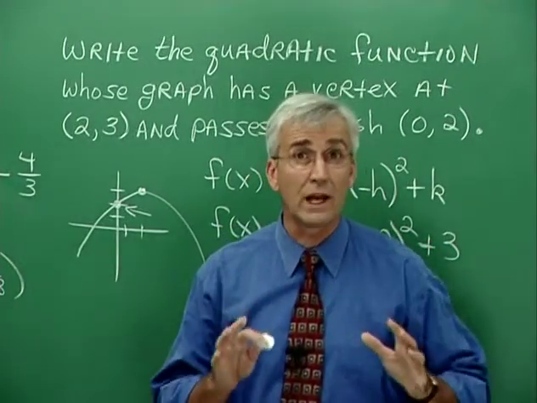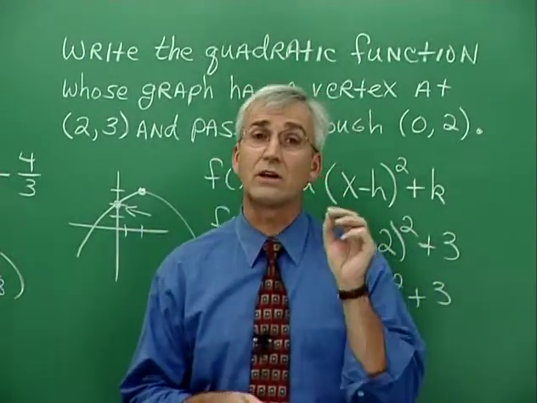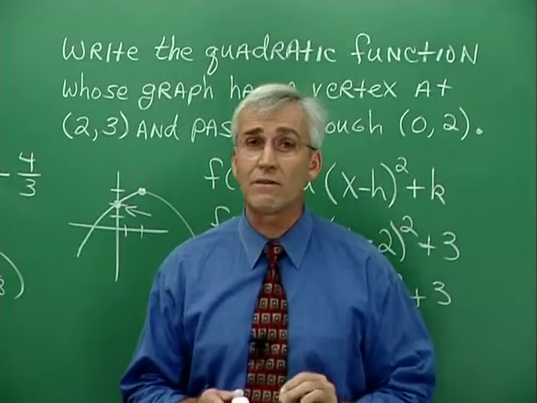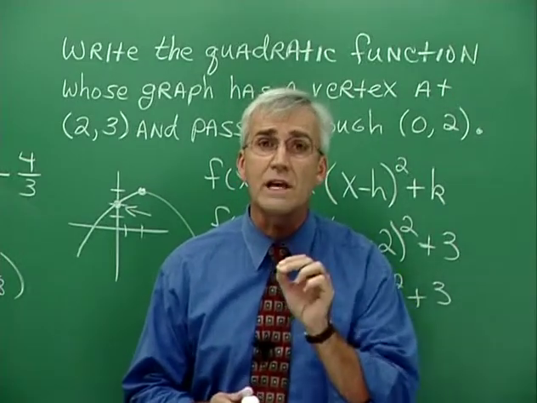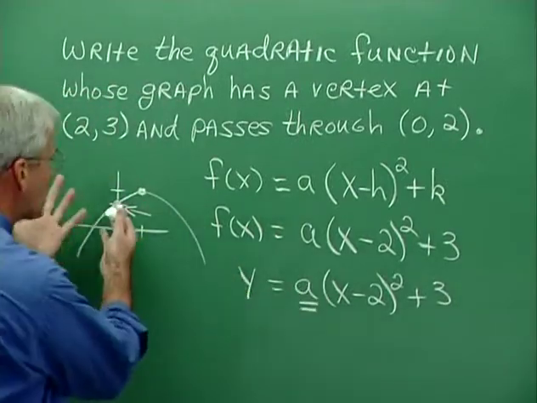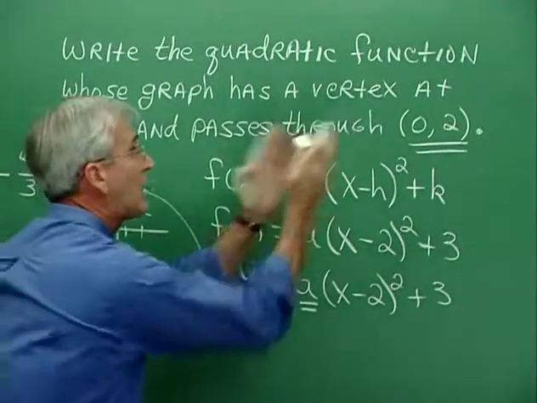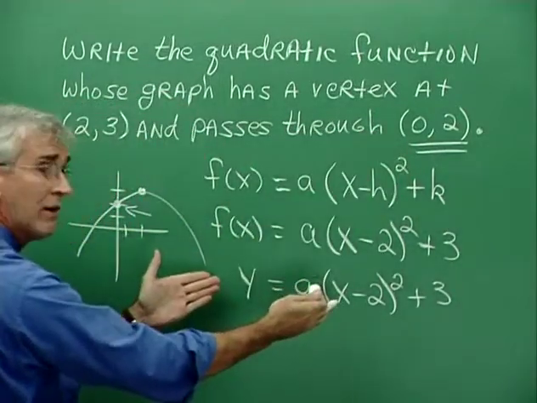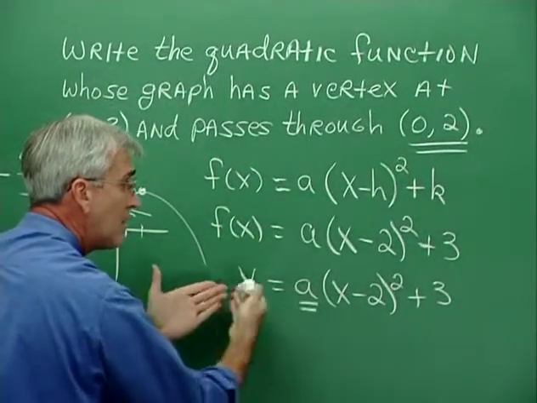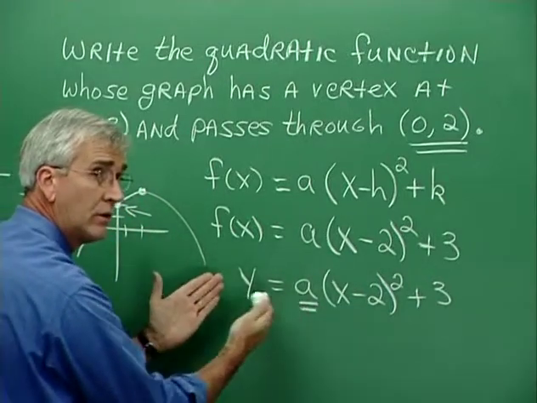Every point on the graph has coordinates, and the coordinates of every one of those points solve the equation, make it true. So if we take the coordinates of that point, (0, 2), as an xy pair, and put it in here, then we have an equation that we can solve for A.